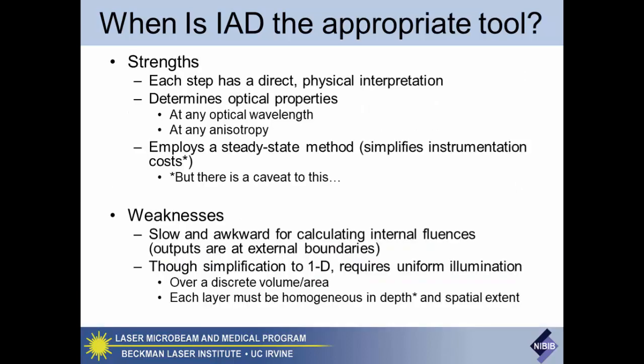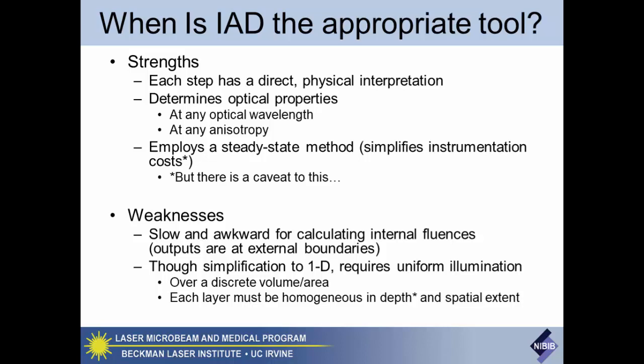So to wrap this all up, the strength of inverse adding doubling is that each of the steps of this model has a direct physical interpretation. It's just collecting the total reflectance, total transmittance, and using the results from those two sides to interpret what's happening in terms of scattering and absorption within this slab itself.